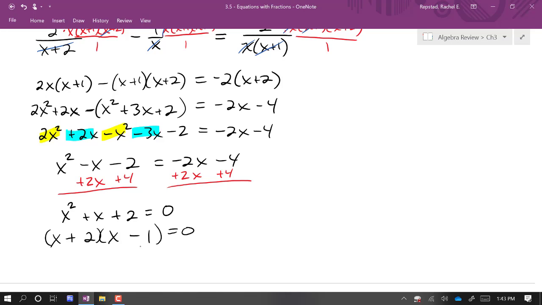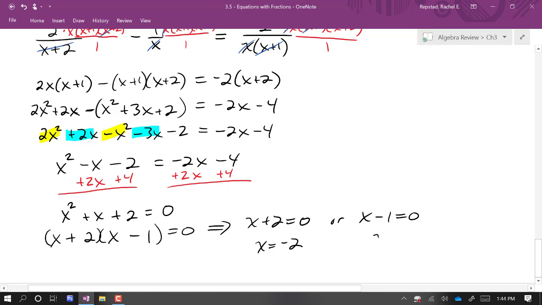I'm multiplying 2 things and getting 0. And the only way you can multiply 2 things and get 0 is if one of them were 0 in the first place. So the only way this equation could possibly be true is if x plus 2 is 0 or x minus 1 is 0. And that will give us 2 solutions. We get x equals negative 2 and x equals 1.